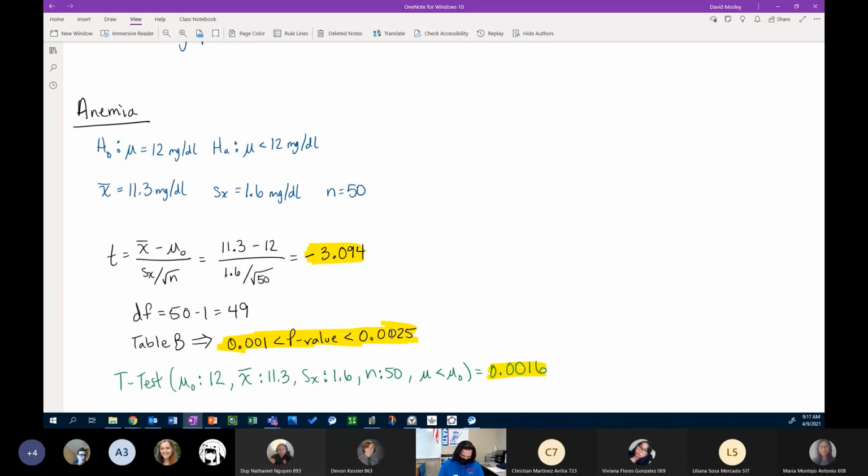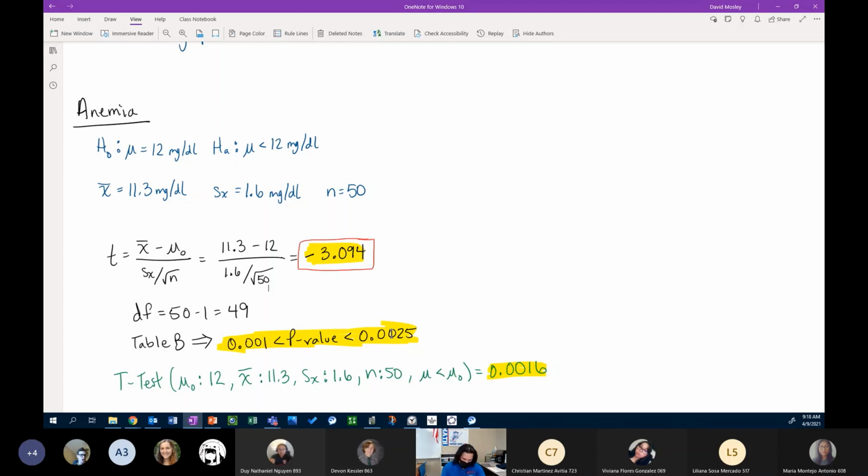All right. Calculating our t statistic, we get 11.3 minus 12 divided by 1.6 divided by the square root of 50. And we end up with the t statistic of negative 3.094. And remember, on table B, we cannot find a negative value, so we will find 3.094 somewhere on the table, or as close as we can get to it.